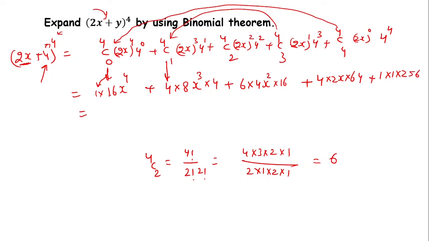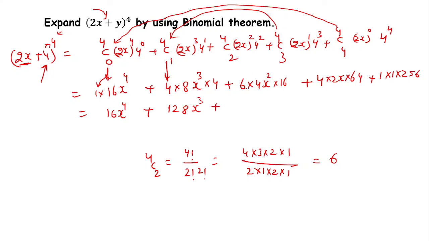Now simplify. 16 x power 4 positive. This is 4 times 8 then times 4. What will be that value? 4 times 8 is 32. 32 times 4 is 128.